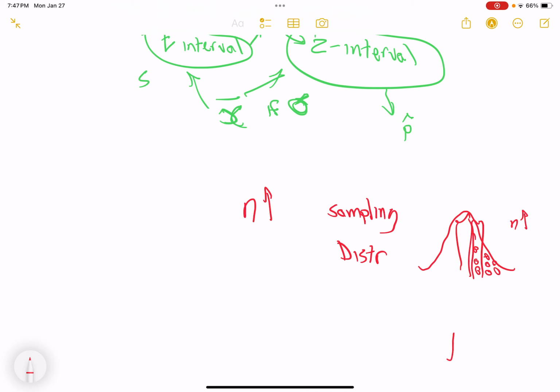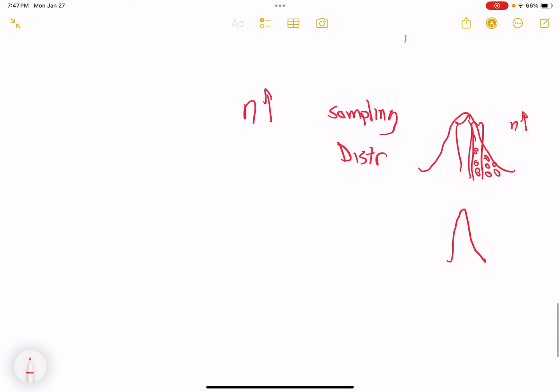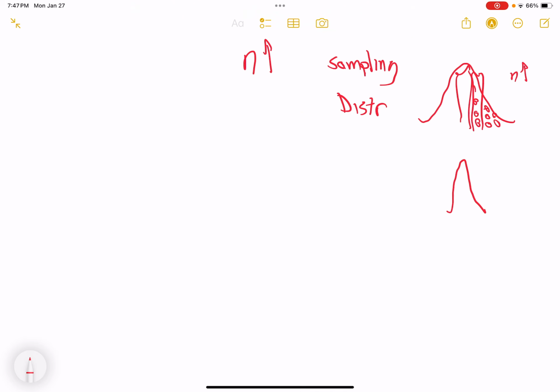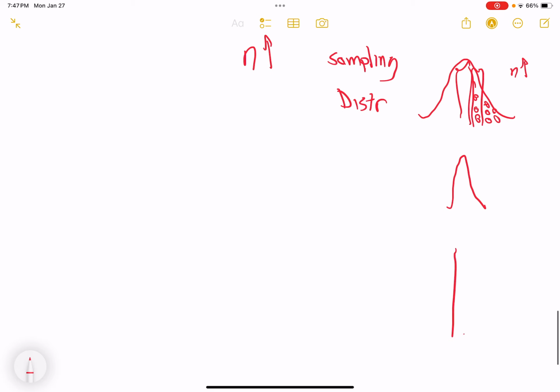Well, suddenly it would be a tighter and taller one. And effectively, at the end, if you had sample size n equals like 50 million or whatever, we would eventually just have a single bar where everything averaged out to the exact mean, right?